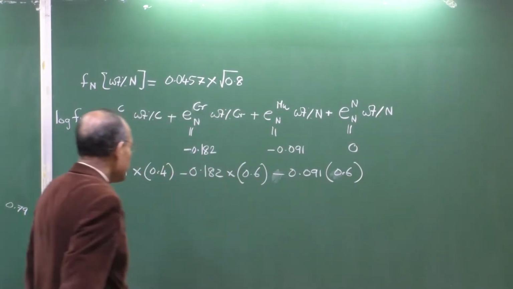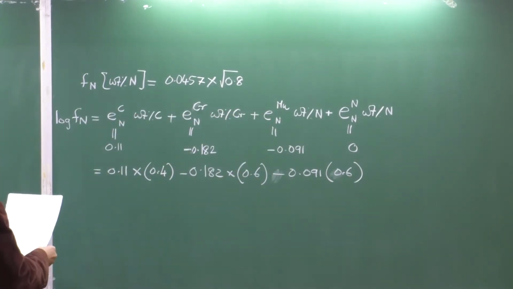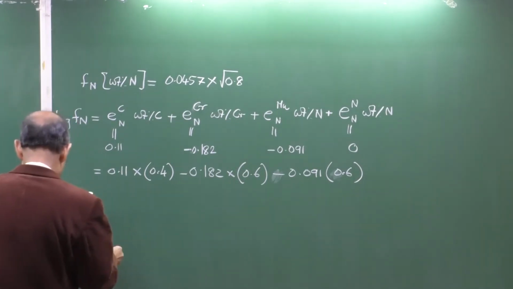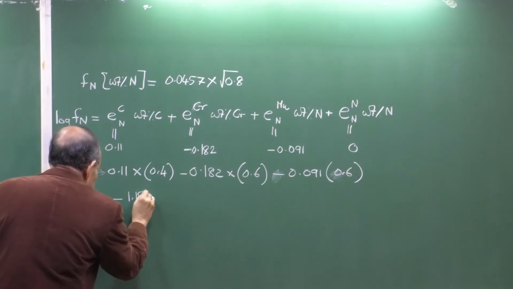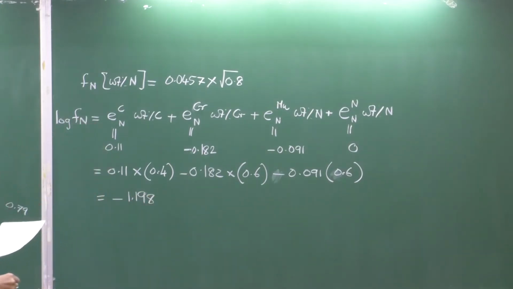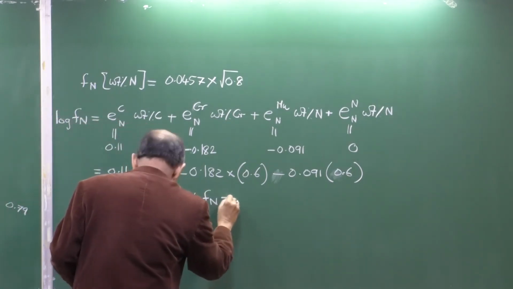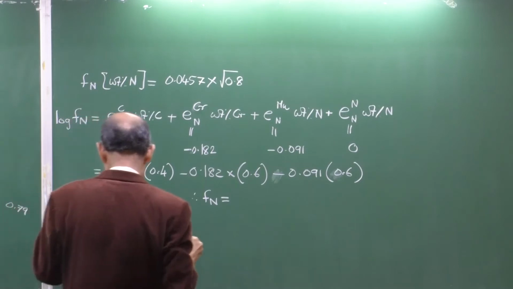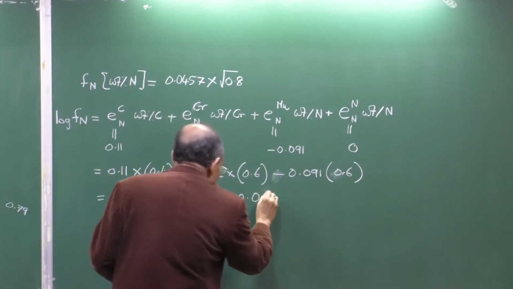If you do this, log of fn will come out to be minus 1.198 if you do the calculation. Okay? And then the fn value will come out to be 0.063.